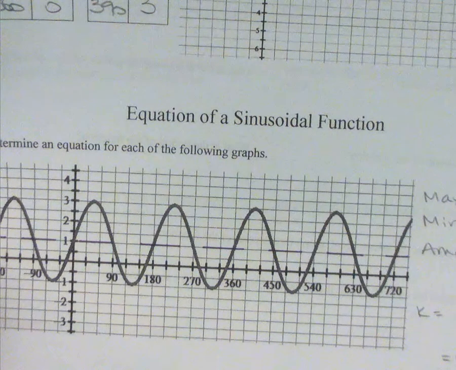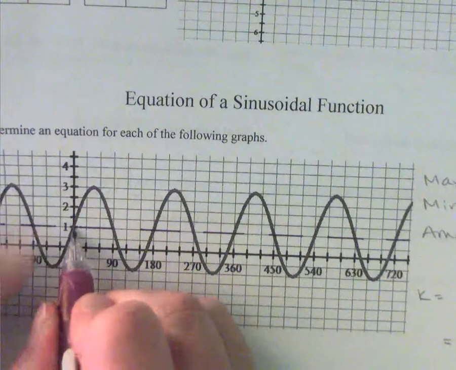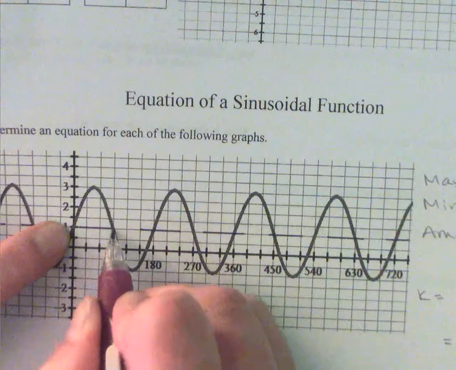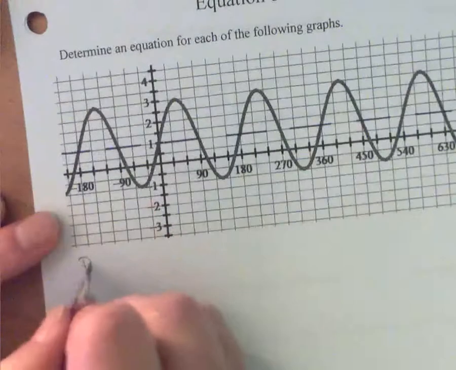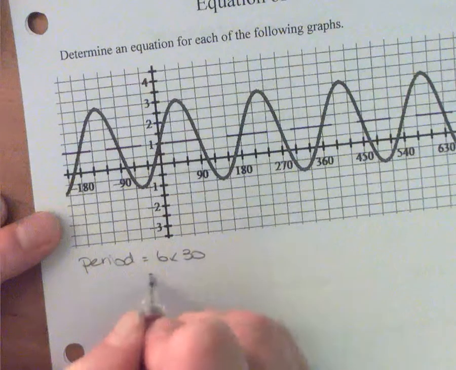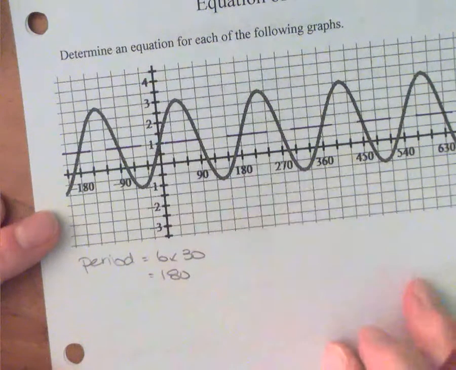And now I want to look at what's going on. So I've got starts here, we'll say, and ends here. So I count 1, 2, 3, 4, 5, 6. So I can say that the period is 6 times 30, which is 180, or you could have just counted because we started at 0, you're at 180.